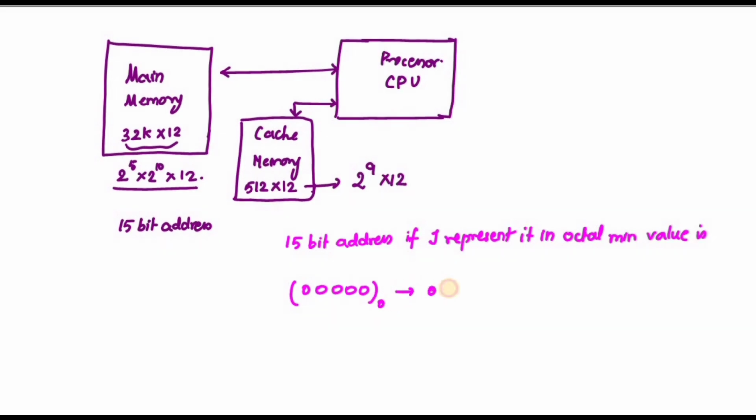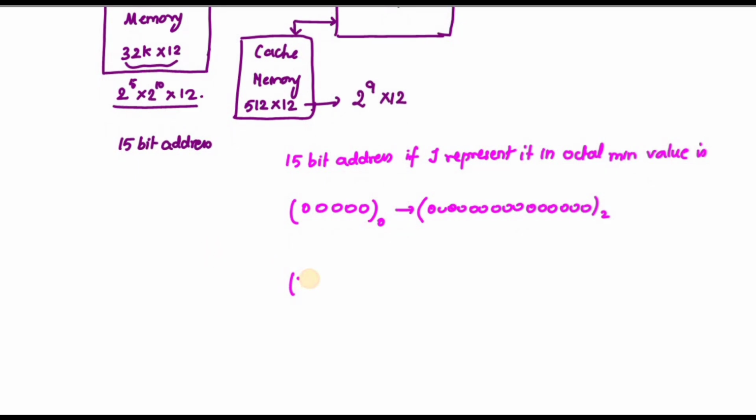You can see this 15-bit address is usually represented in octal. So how to represent 15 bits in octal? The minimum value of the 15 bits is five zeros in octal, because the base is octal, radix 8. Each 0 I can represent in binary as 000, so I am going to write 15 zeros in base 2.